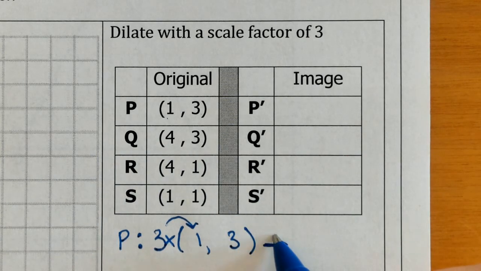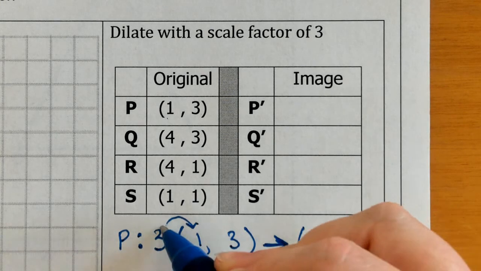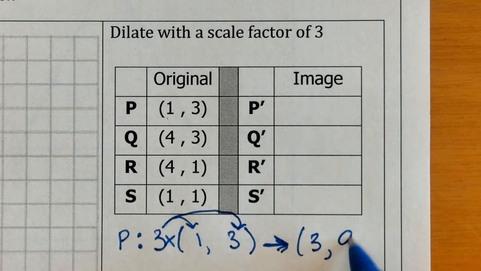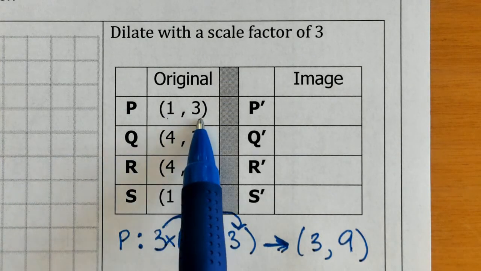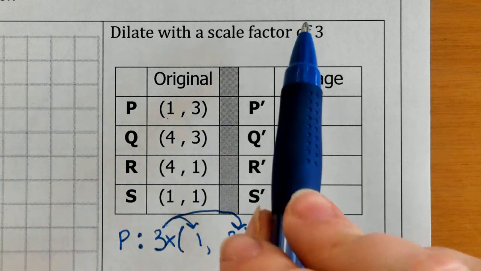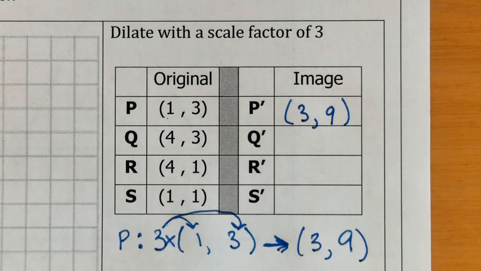So that's going to turn into 3 times 1 is 3. 3 times 3 is 9. So we started with 1, 3, and when we use a scale factor of 3, that's going to turn into 3, 9.